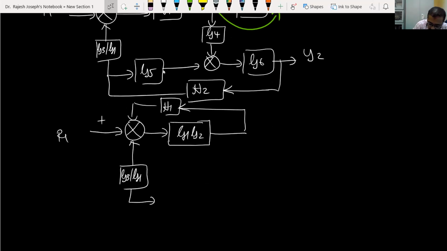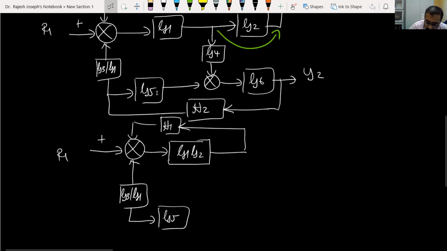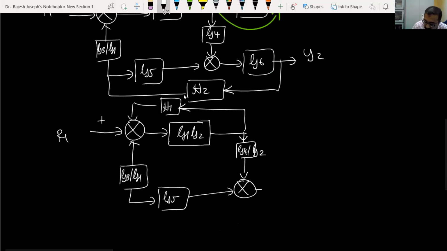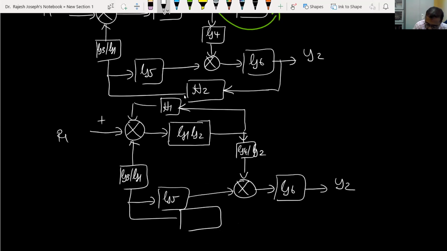Here we have G5. This pickoff point is being shifted to the right side of G2, so this is not G4 anymore. This will be G4 by G2, and this is coming to this summing point. So from G5 you get that here. Here we have G6 and this is Y2. Here we have H2.